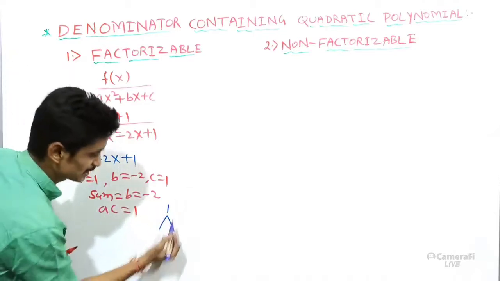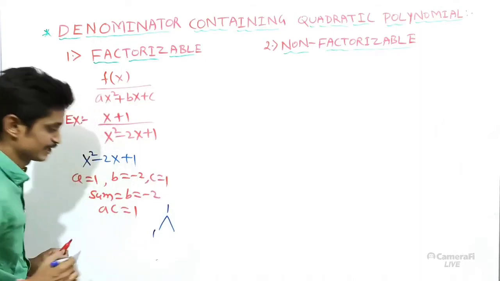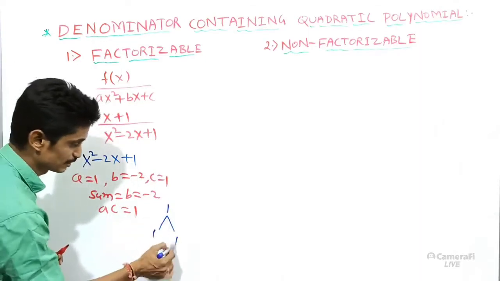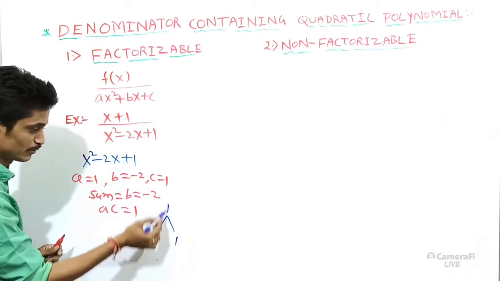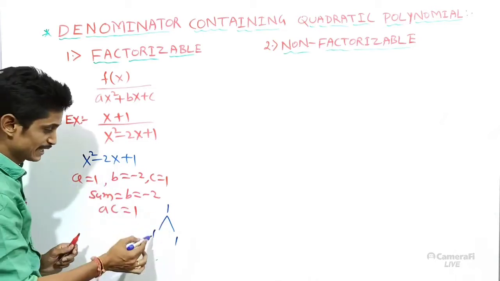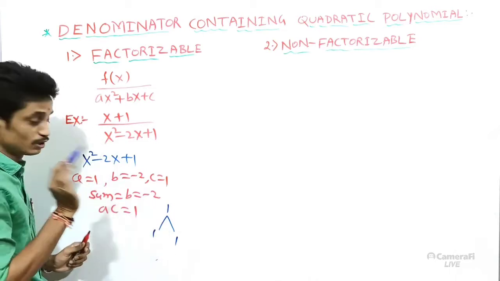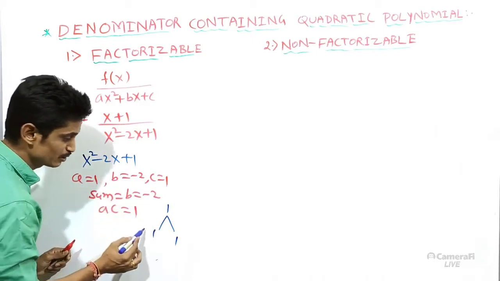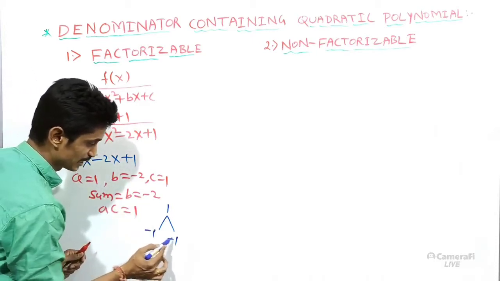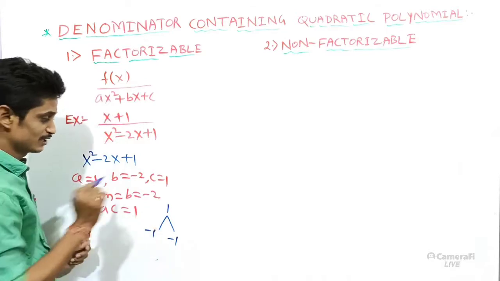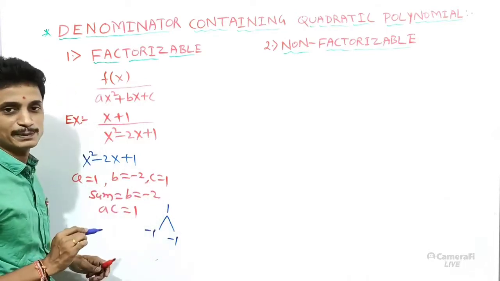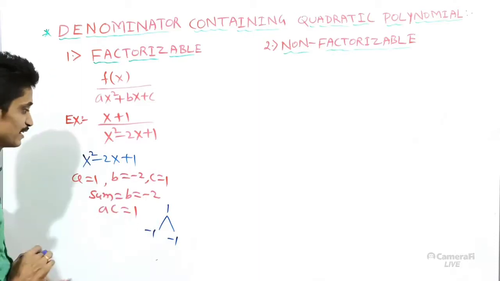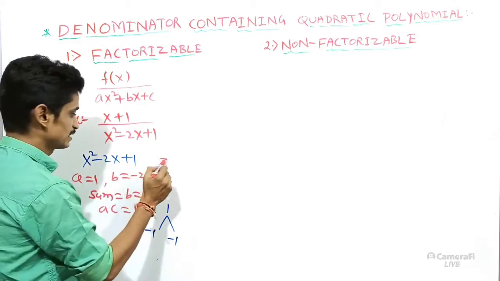On the other side write the factors of 1. What is the factor of 1? 1. Just check whether it is possible or not. 1 into 1 is 1, the product is okay, and if we add we get 2, but here we have minus 2, that is why I will write a minus sign here. Minus 1 plus minus 1 is minus 2, and minus 1 into minus 1 is plus 1. Exactly, it is correct.